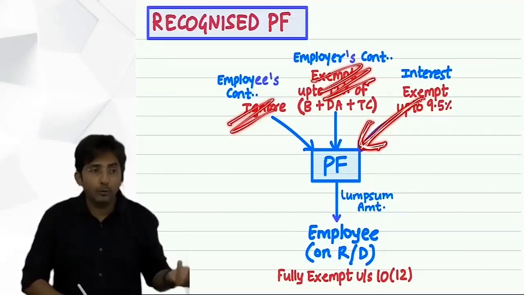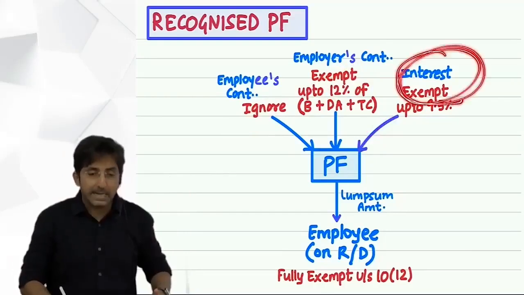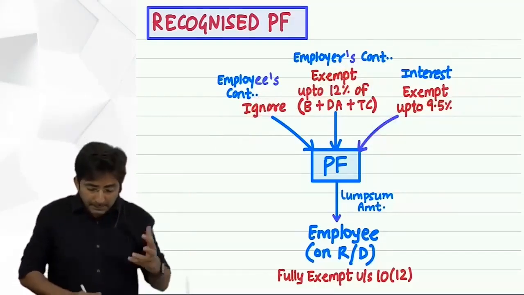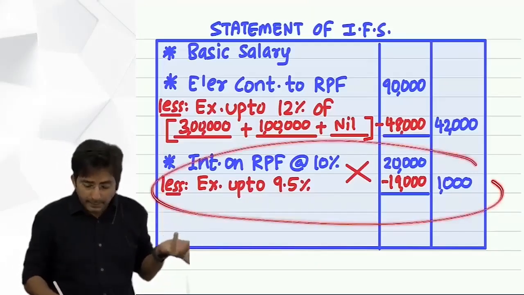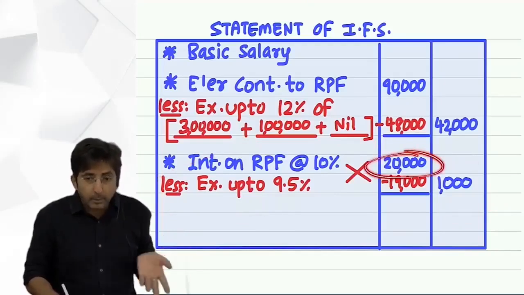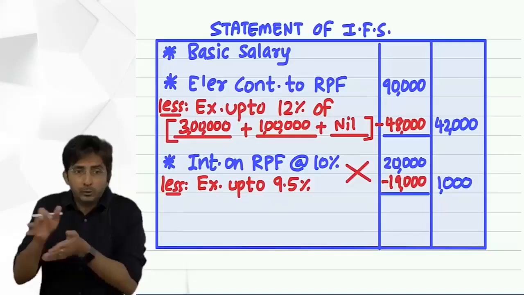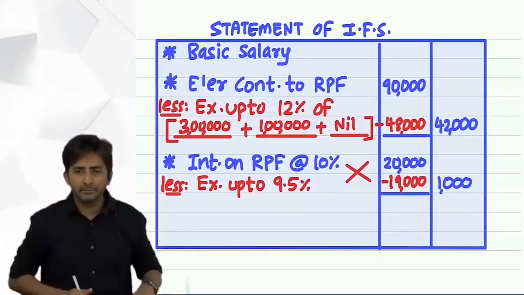Employee is also contributing. Since both are contributing, interest is thanks to employee's and employer's both contributions. But like in this question, we didn't have the data on how much of this interest of 20,000 pertains to employee, how much pertains to employer. Since that data is not given, we put everything in salary.